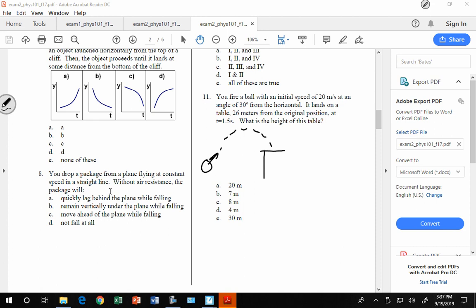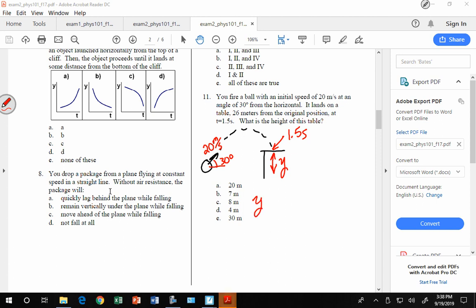I know the time here is 1.5 seconds, the speed is 20 meters per second, and the angle is 30 degrees. I want to know the y position of the object at 1.5 seconds.